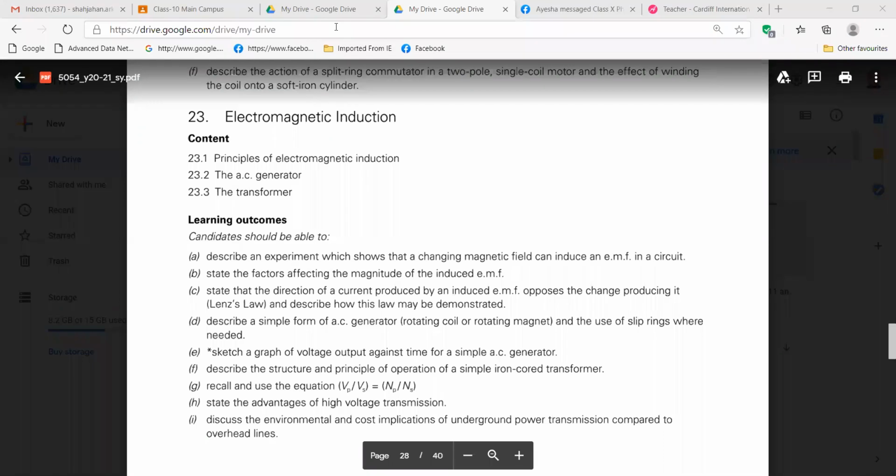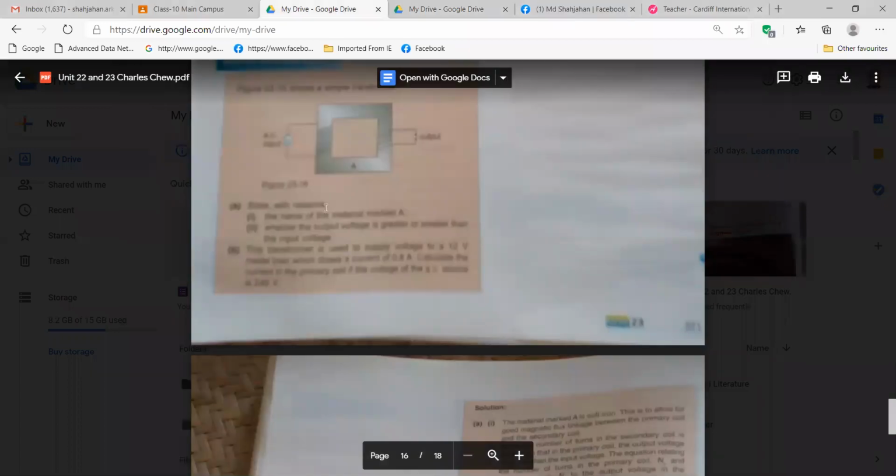Because of this change in magnetic field, we are getting induced EMF. Without induced EMF, we cannot get the transformer to change the voltage from higher to lower or lower to higher. We are now going to discuss how it is done in transformer.